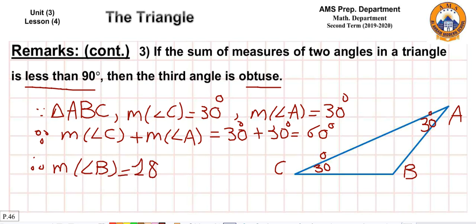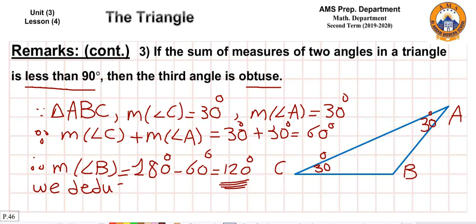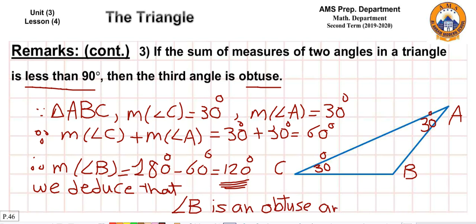Equals 180 minus 60, and this will be 120. Is 120 an obtuse angle? Yes. So we deduce that angle B is an obtuse angle. Okay.